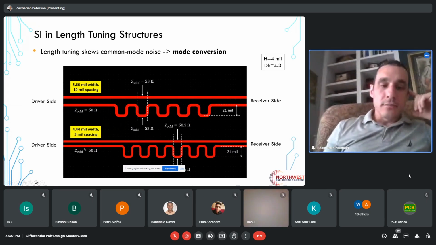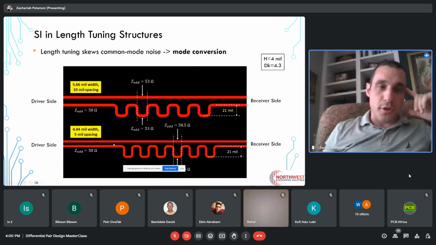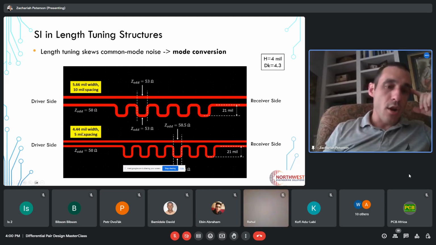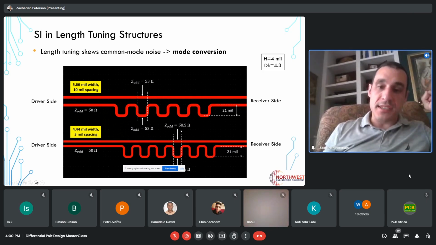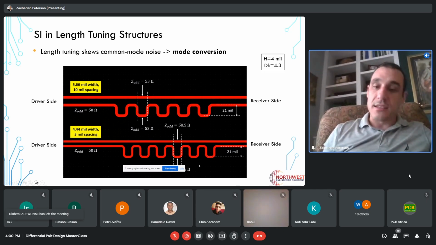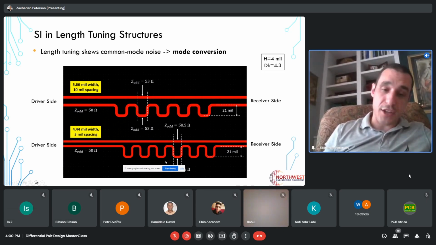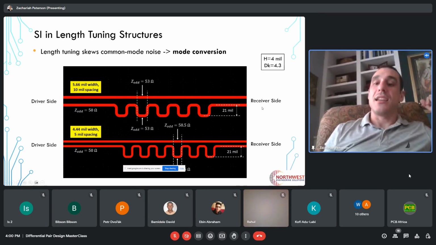Now, what happens if the traces are initially closer together? So instead of 10 mil spacing, we have 5 mil spacing. Well, now you can see that the impedance deviation in the odd mode impedance is much bigger. So now we get almost 20% deviation in the impedance. So that's going to be much more reflection as the signal travels from the driver side into the receive side.